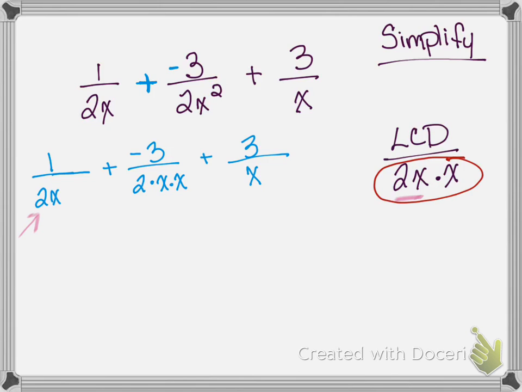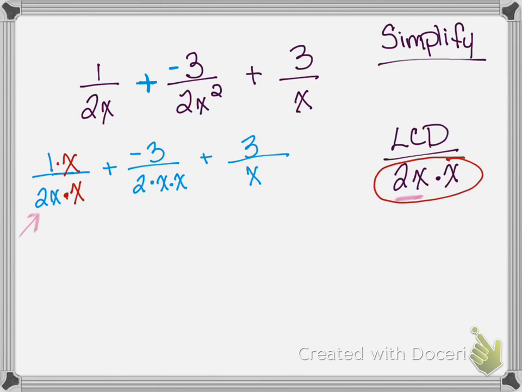Now, I ask myself, here is my LCD. Here is my first fraction. What is missing from my LCD? What's missing in 1 over 2x that's included in my LCD? x. So I am going to multiply the bottom times x. If I multiply the bottom times x, what do I have to do? Multiply the top. Okay?